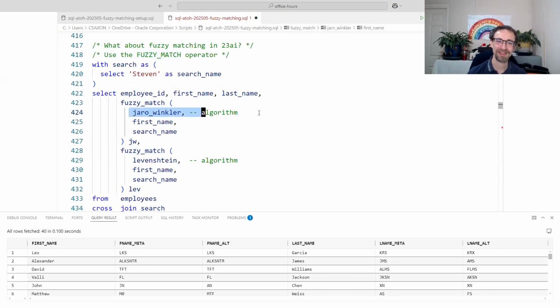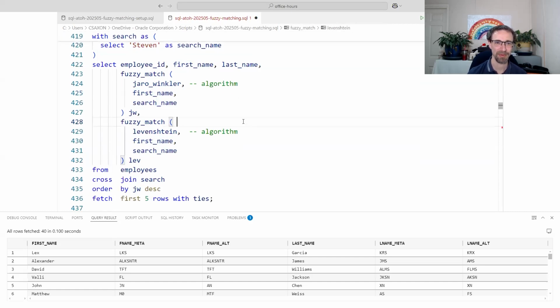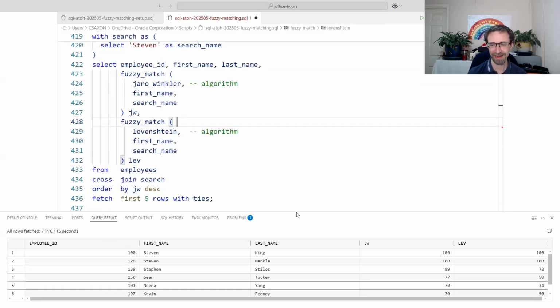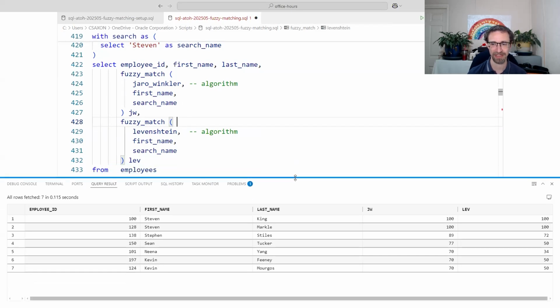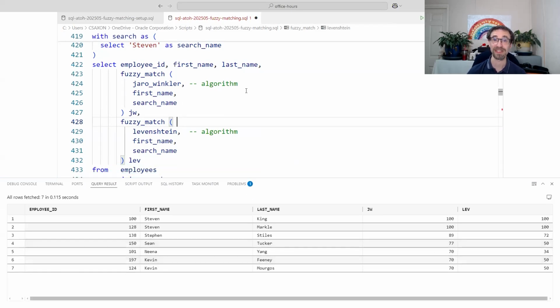The first thing for that is the algorithm, so Jaro-Winkler and Levenshtein, and then the strings we are comparing: the name we are searching for and the value in the table. So we can compare those. We run that and we get the same values that we did with UTL match. Exactly the same. It's just a SQL operator rather than a PL/SQL function.